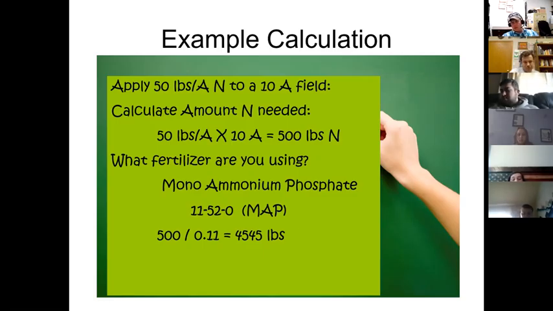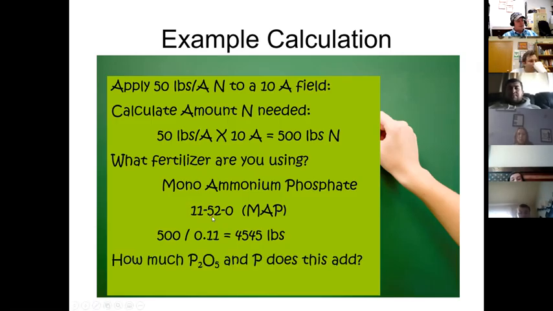But we're getting some P out of that too, right? And when I say P, I mean P2O5. This is 52% P2O5. So the question is, how much P2O5 do we get out of this? The answer is, we put on this to meet our nitrogen recommendation, and if it's 52% P2O5, then we put on 2,364 pounds of P2O5.